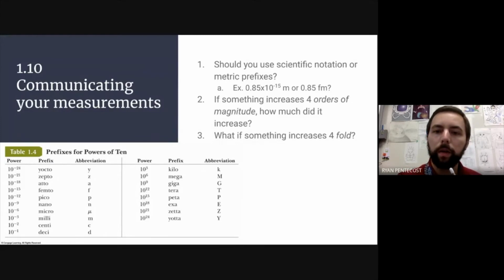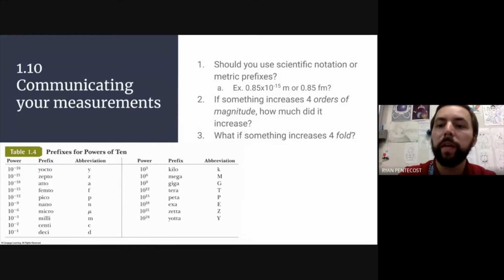Now, whether you should use scientific notation or metric prefixes depends on what you're trying to communicate, right? For example, say you are looking at the error in a length measurement, let's say the platinum iridium bar of a meter had changed.